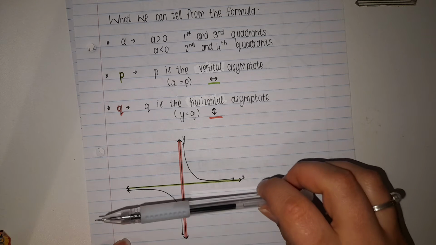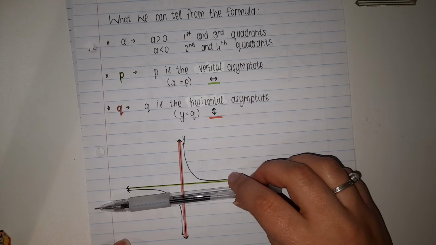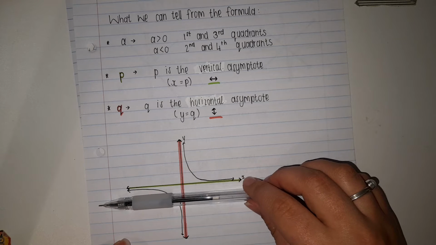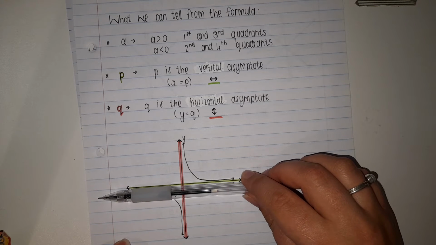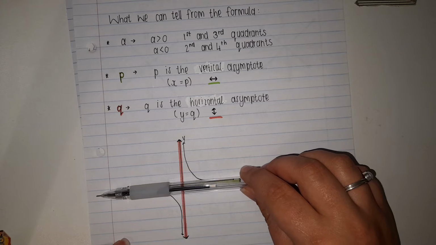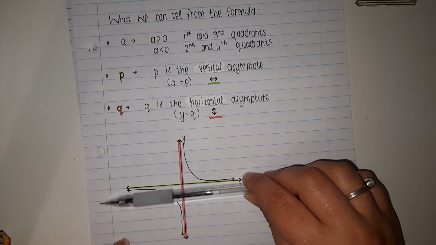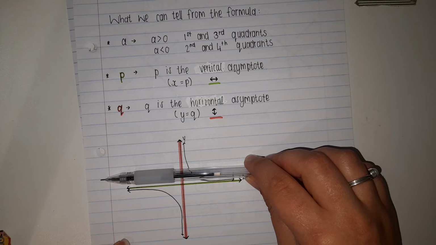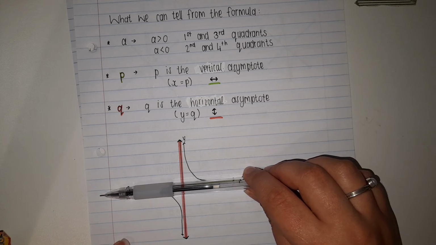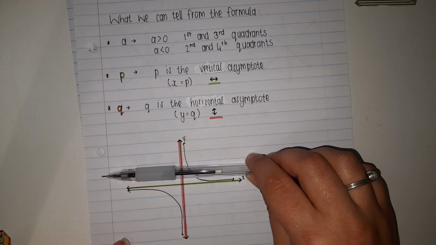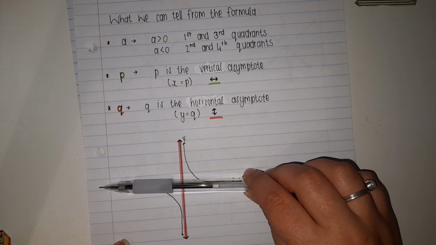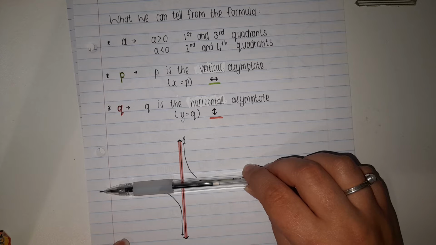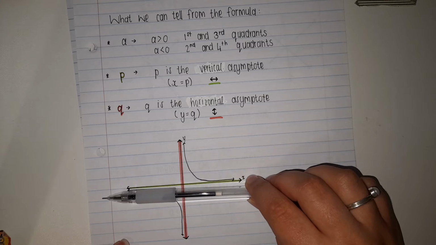Now for Q, we have my horizontal asymptote, which means if I move it up or down, so if I move this asymptote one up, my whole graph is going to make a vertical shift up. Or if I have it one down, this whole graph is going to make a vertical shift down.